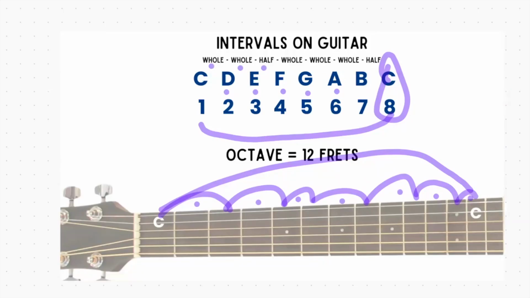Whole step is two, seven. That's how many frets are between them. Nine, 11, and a half step is one, 12. So that equals 12 frets. One octave is 12 frets from C to C. It's from the first note of the scale to the last note, and then the first note repeats again as number 8.